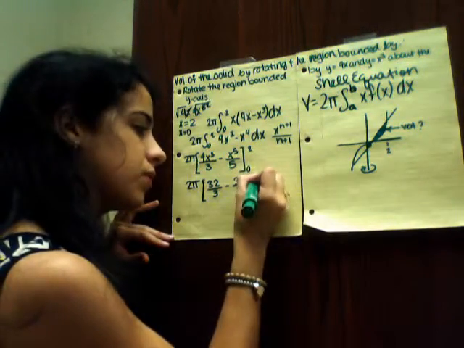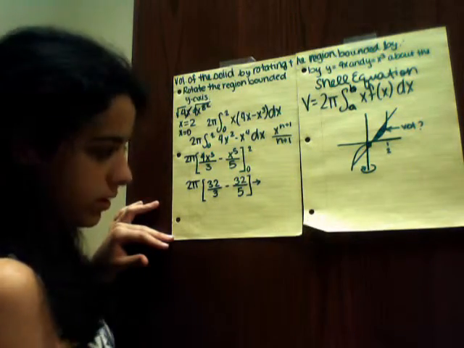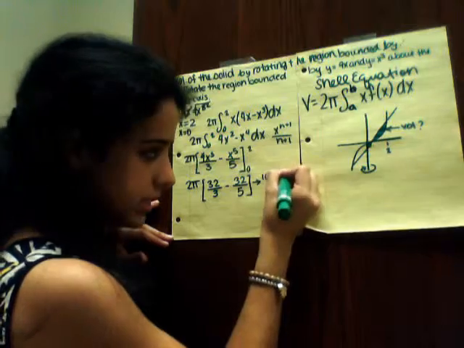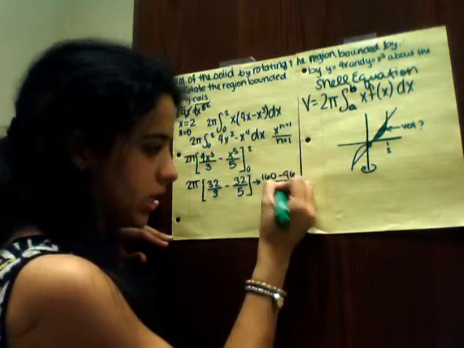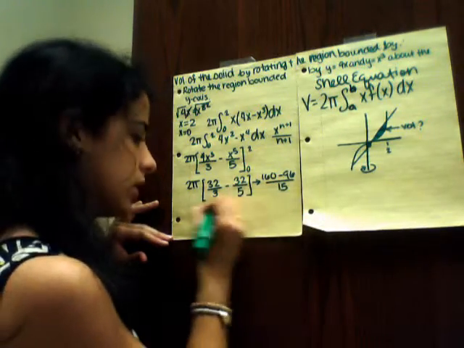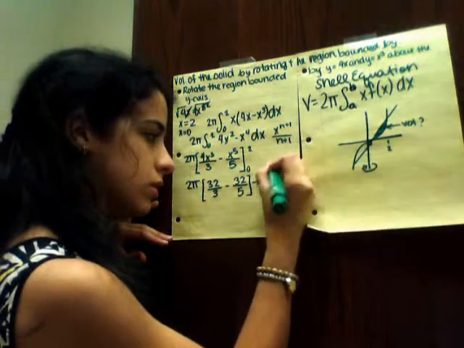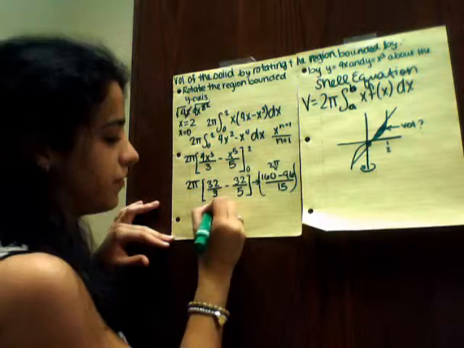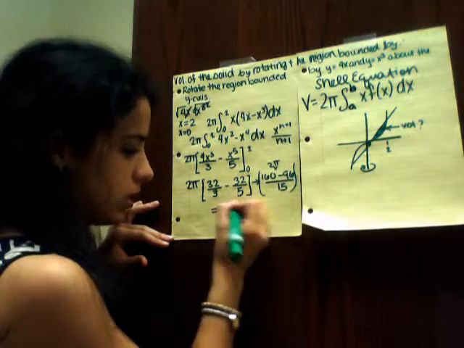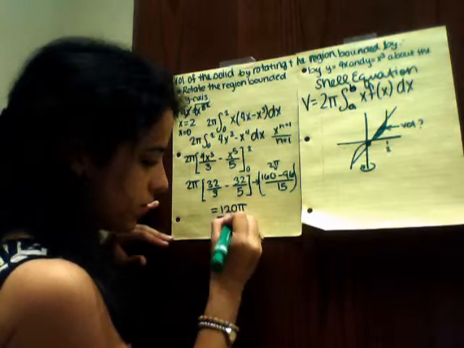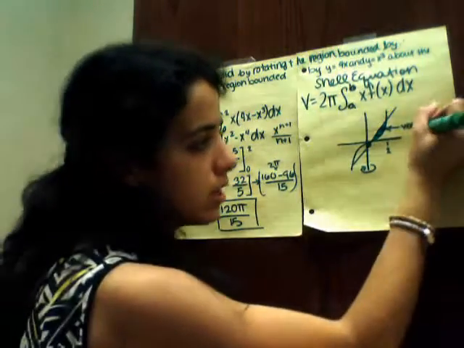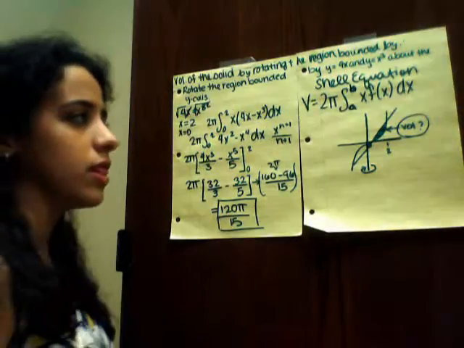So we're going to be left with 2 pi times (160 minus 96) over 15, and we're finally left with 120 pi over 15 as the value of the volume we were looking for.